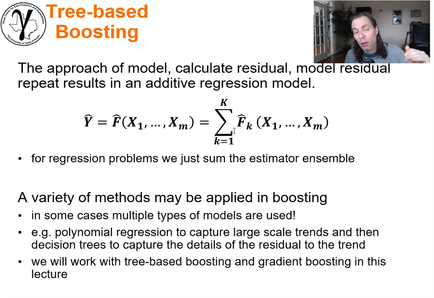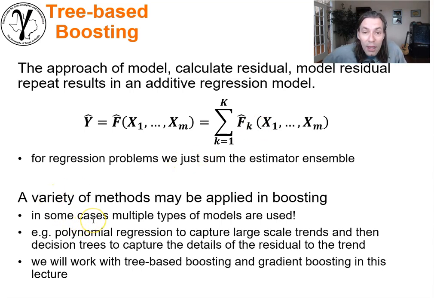We have a bunch of weak learners that are building on top of each other, but the actual estimate we make in the end is just a summation of all of those learners. Okay, so that's really cool. Whereas before with tree bagging and random forest, we were taking an average of the estimators. Here it's an additive model. We're taking the summation of the estimators. Now there's a variety of methods that could be applied to boosting.